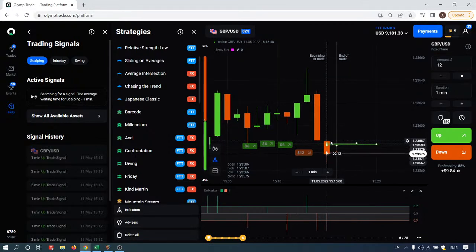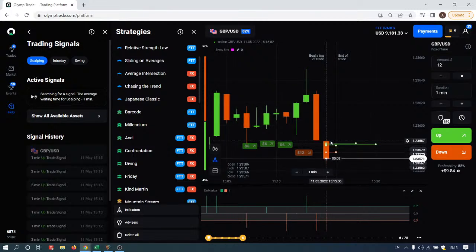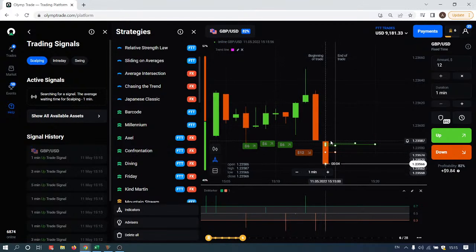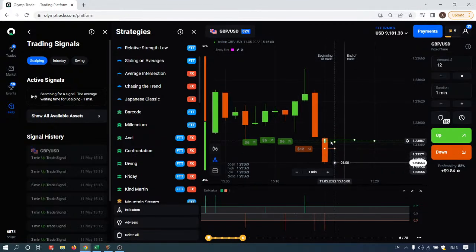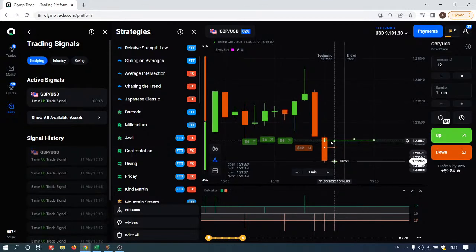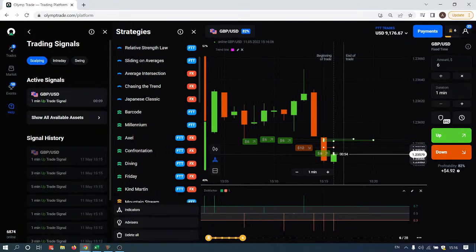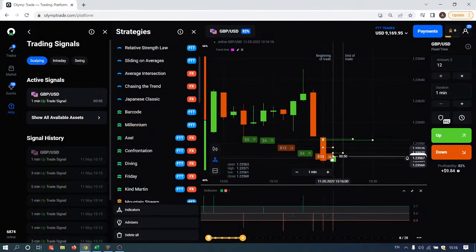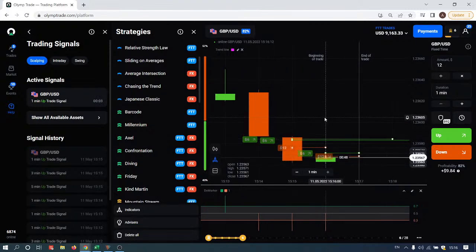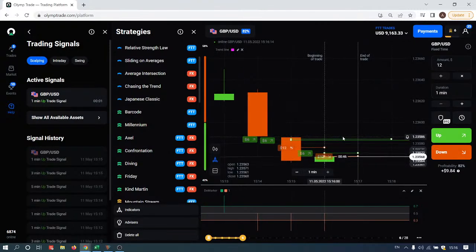Normally I strongly recommend using trades that last 3 minutes, 5 minutes, maybe even longer. The principle is that when you increase the duration of your trades, your overall results usually become better. Okay, so I'm trying to combine the signals now.